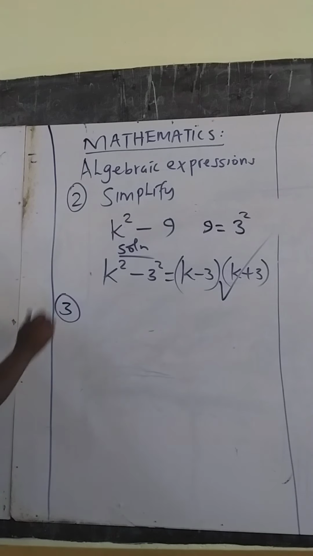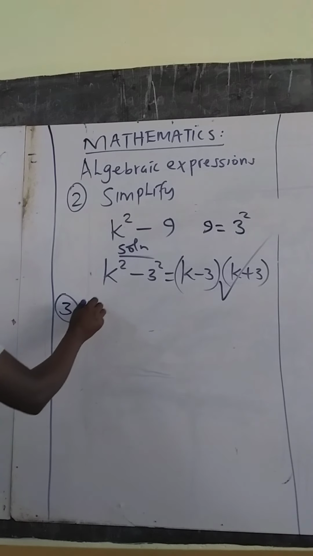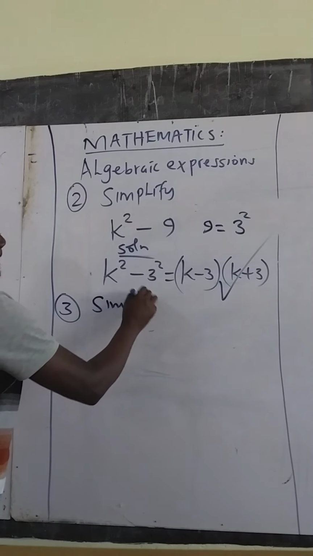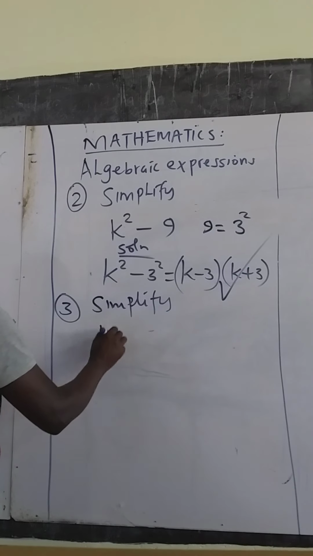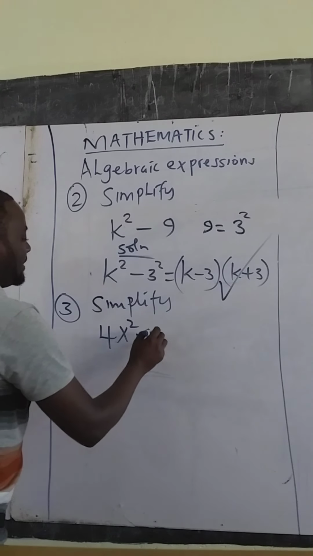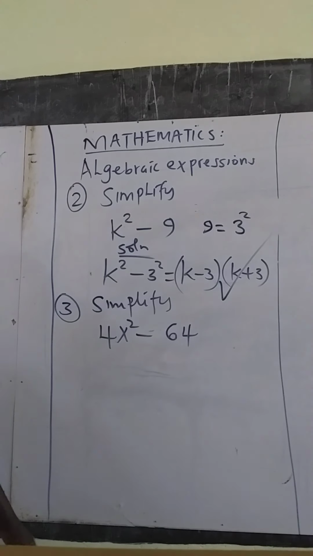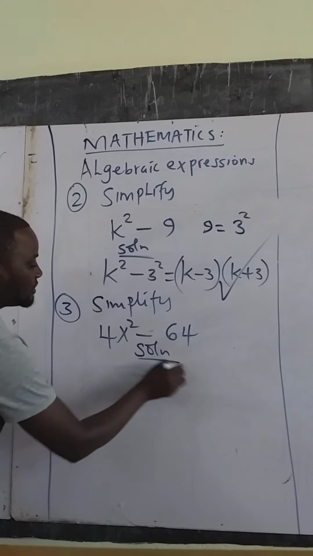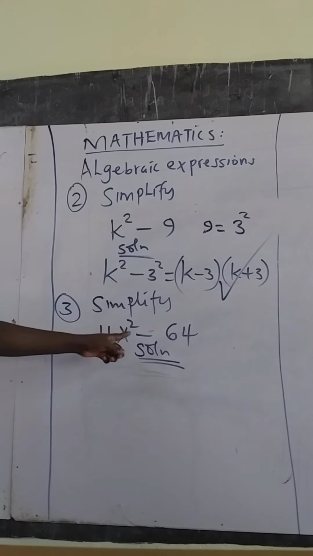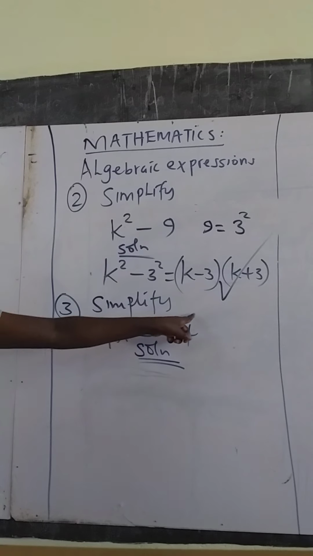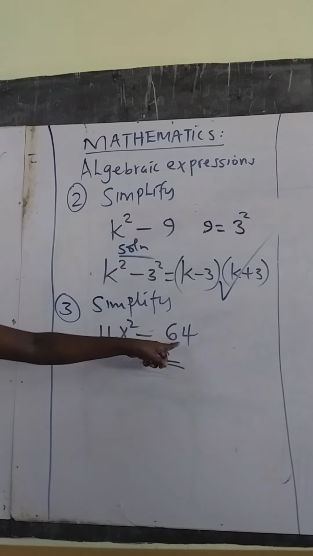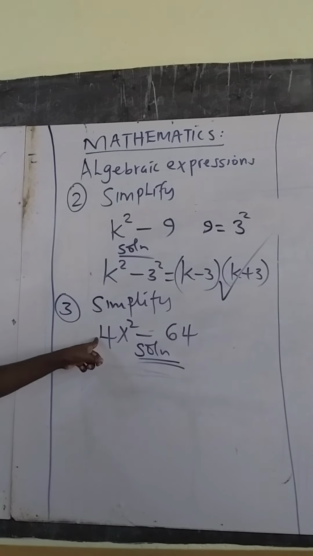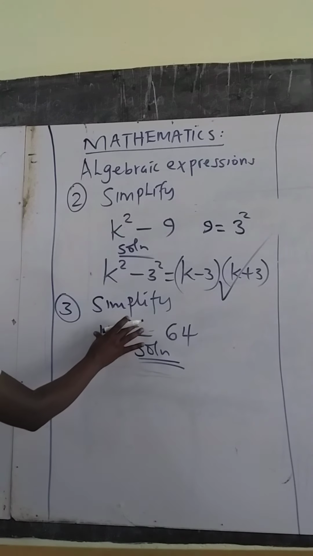Number 3. Simplify 4x squared minus 64. Still, the concept of a difference of two squares is being tested here, because you can find the perfect square root of 64 and of 4x squared.